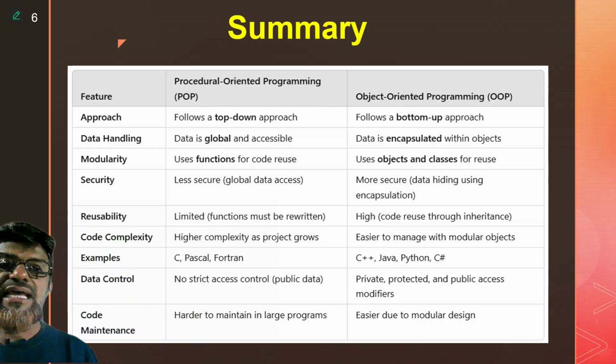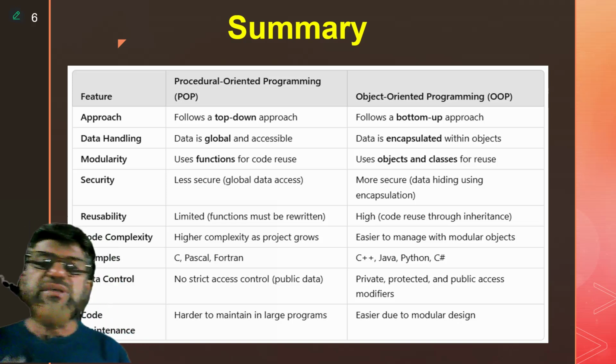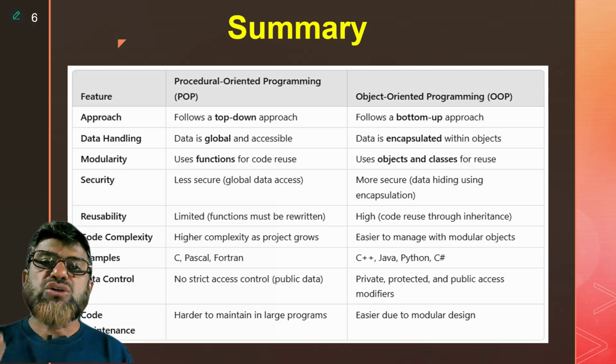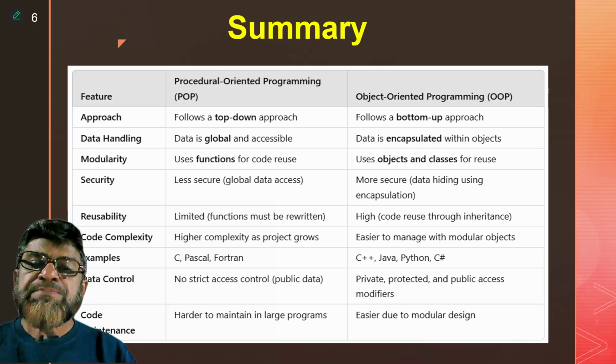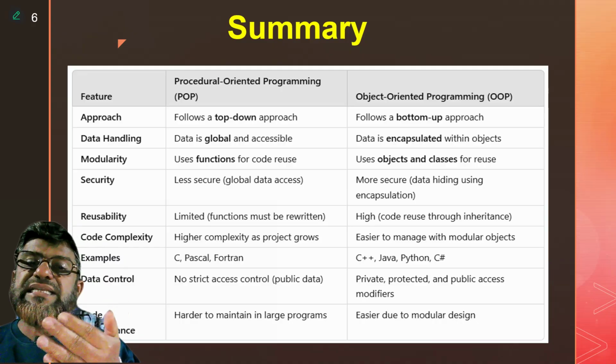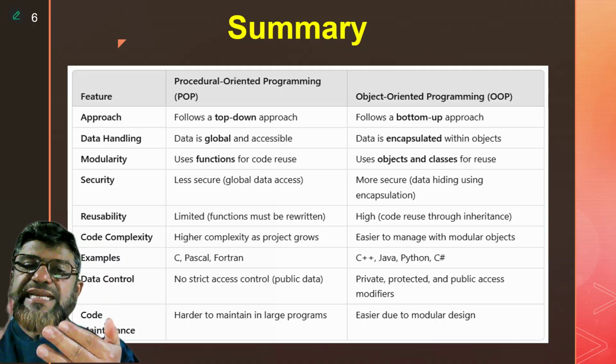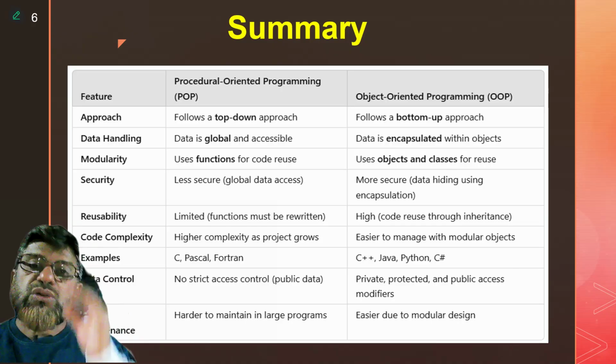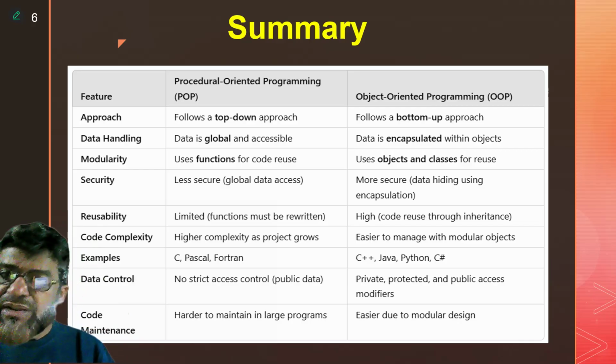Summarize in the sense of which technique and which approach we have to apply in POP. That is called a top-down approach. Why? Because we have to start from the beginning. Whatever the data, for each data we have to mention what type of data type, and after that whether it is a local variable or global variable.